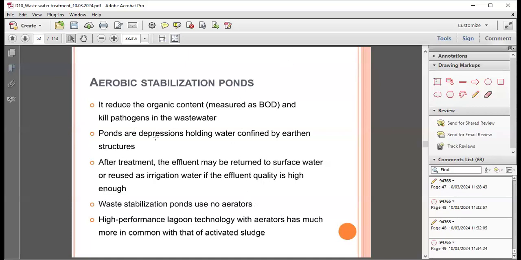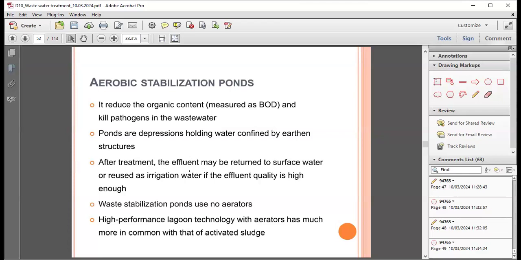The process of aerobic stabilization ponds reduces the organic content, measured as BOD, and kills the pathogens in the wastewater. The ponds are depressions holding water, confined by earthen structures. After treatment, the effluent.